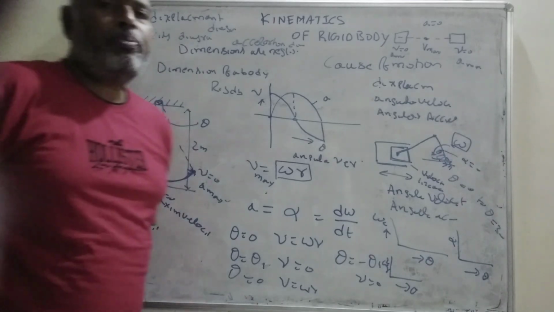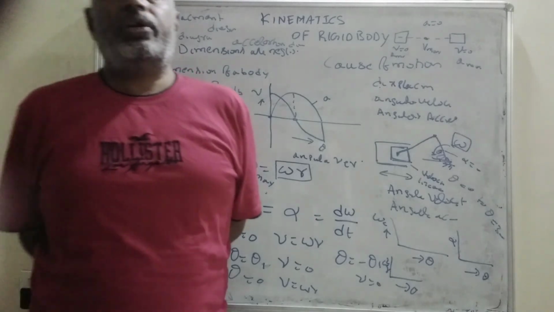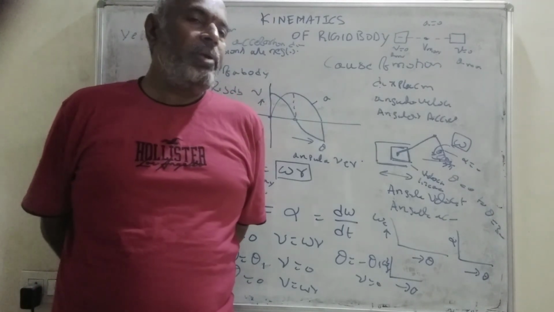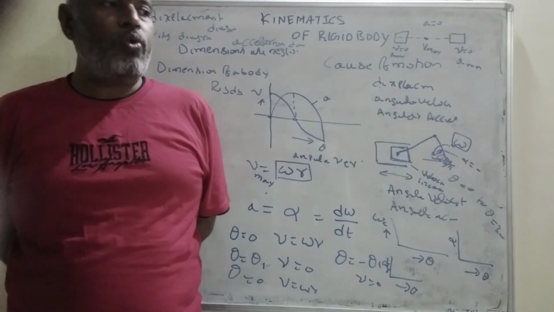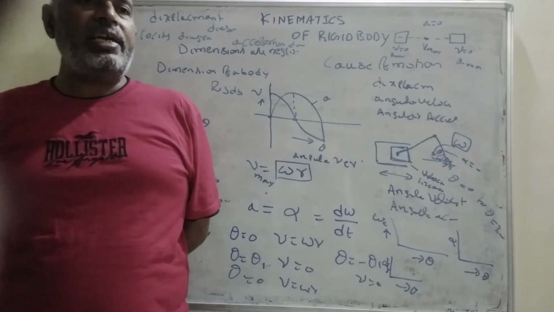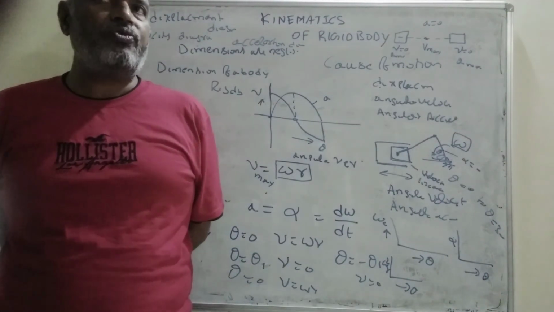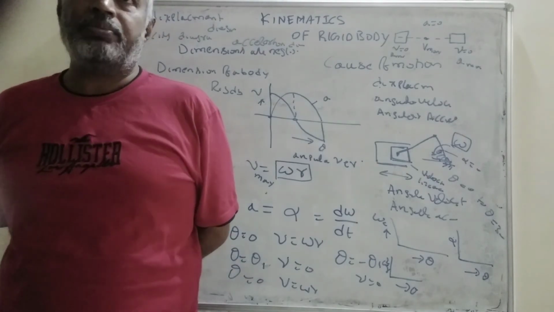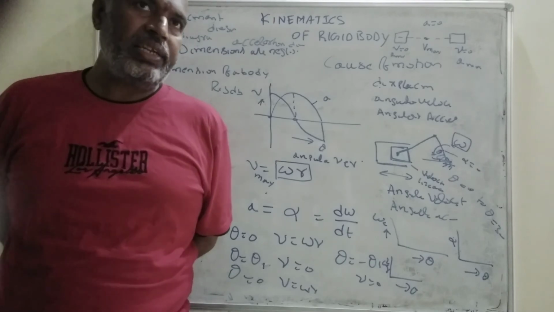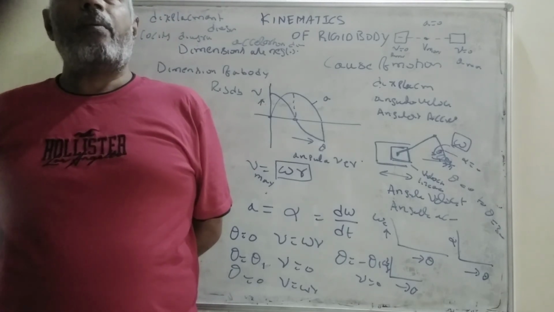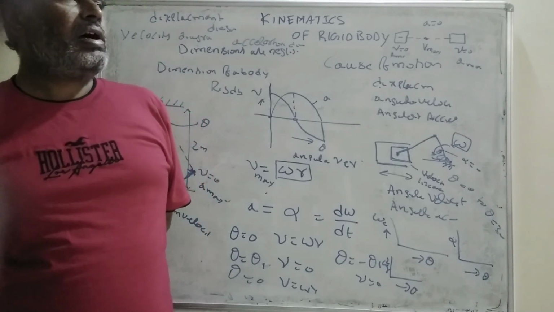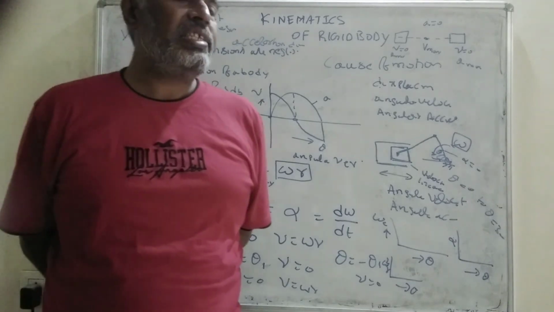Now, what are the problems of kinematics of rigid bodies? The rigid bodies can be of different types. It can be a mechanism or a 4-bar mechanism. If you see several machinery, there are different types of linkages and they are all considered mechanisms. So a 4-bar mechanism, slider crank mechanism, double slider mechanism, and other different types of mechanisms are there.